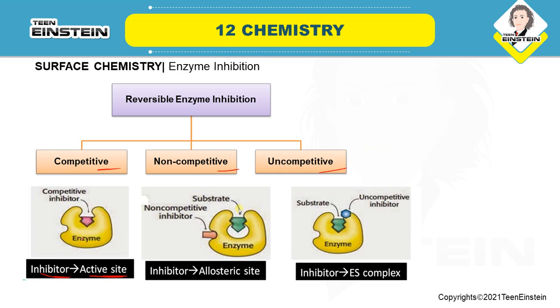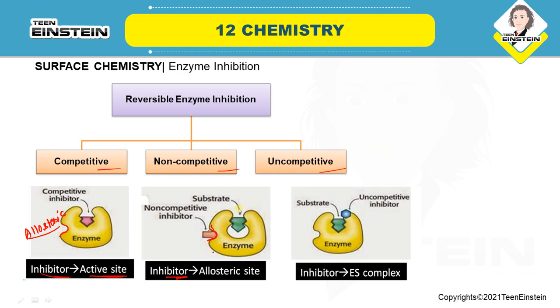So this is common, but see, there is another site present which is not the active site, but it has a special name, which is known as the allosteric site. Sometimes the inhibitor is not approaching the active site, but is interacting in the allosteric site.